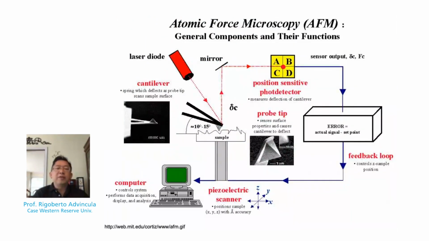And again, just to show you the relevance of this AFM technique, it's based on the movement actually of a piezo element itself, either based on the sample probe or the laser diode probe, and it relies on a probe tip.